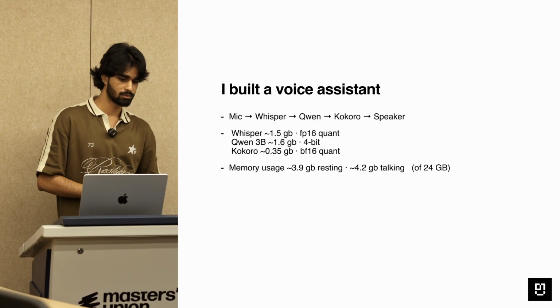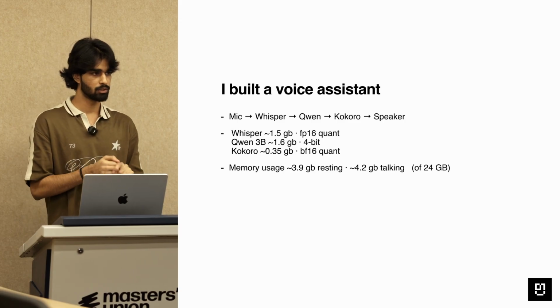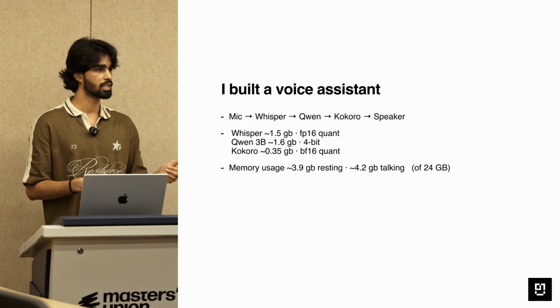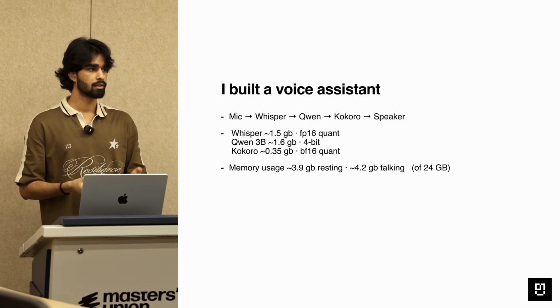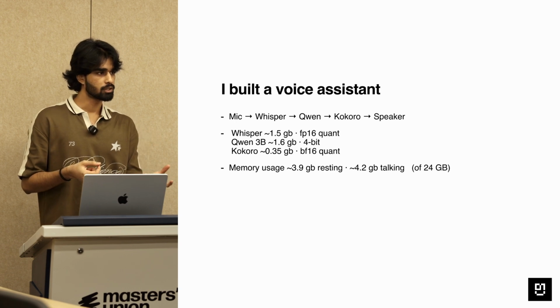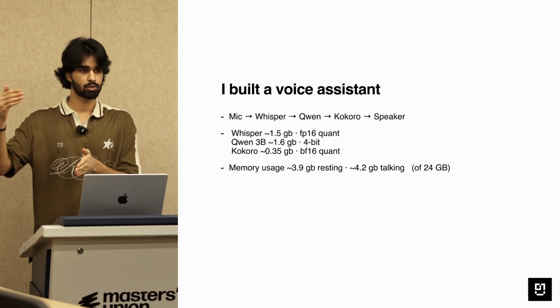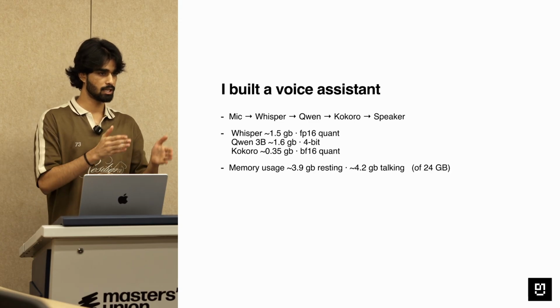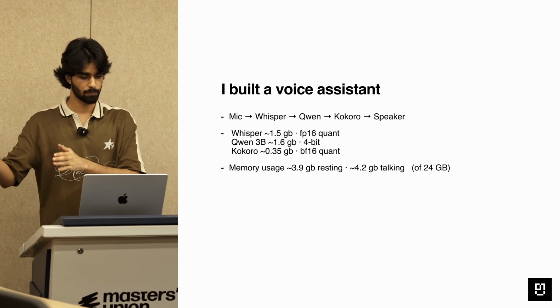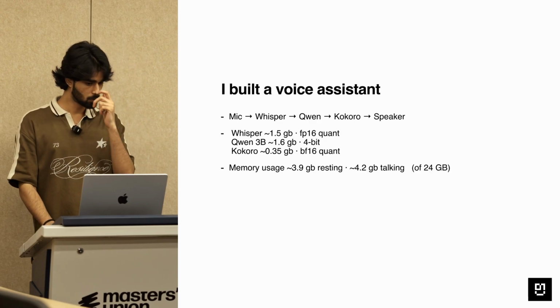So what I built: I took audio from my Mac and gave it to Whisper, which will basically do STT, speech to text. Then for the brain, I needed something which is a Qwen model, and whatever that brain outputted as text, I took that and converted into speech. So it is basically STT, brain, TTS. The models I used were Whisper, Qwen 3B, and Kokoro.